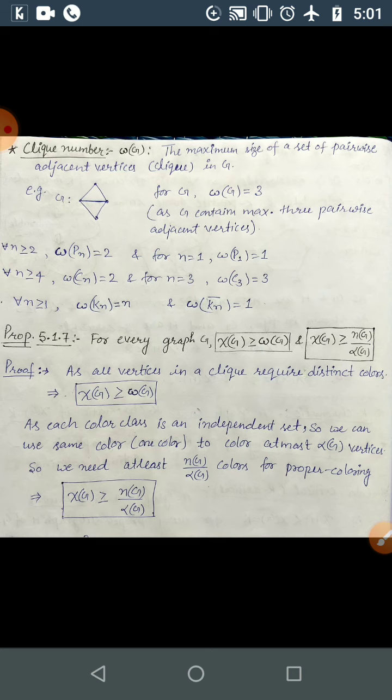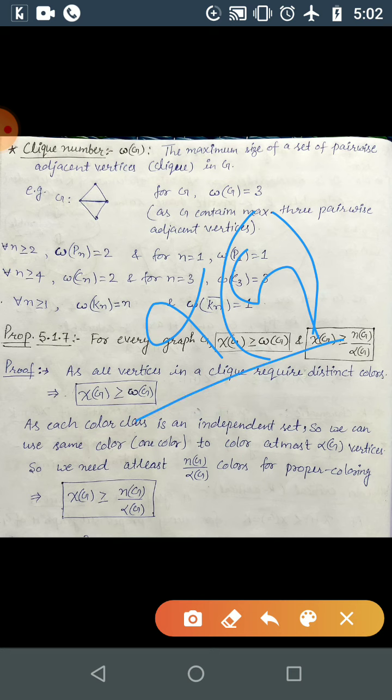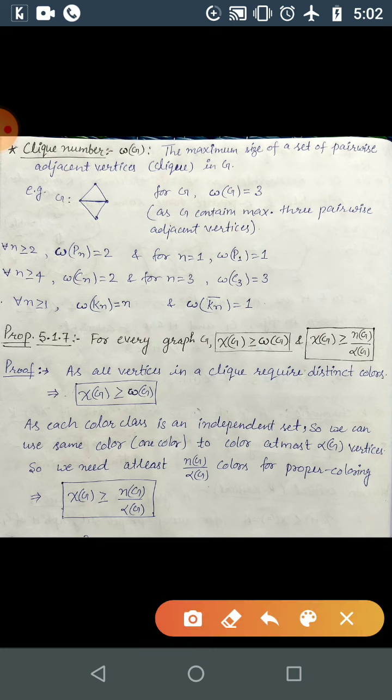So it is an independent set, and it can have at most how many vertices? At most it can have as many vertices as the independence number of G, that is alpha of G. So each color class can have at most alpha of G vertices.